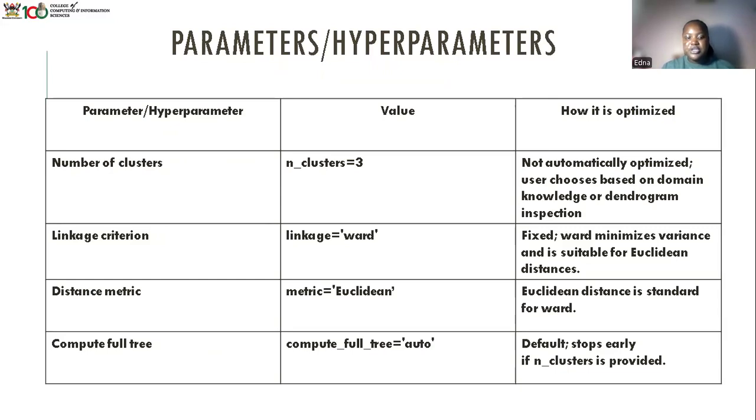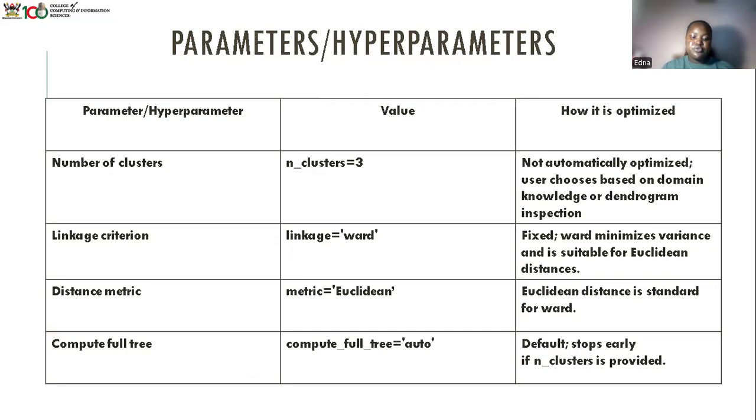Our linkage criterion is Ward because it is the right choice for Euclidean distance, as it minimizes the within cluster variance at each merge, producing the most compact and well-separated tiers. For the distance metric parameter, we are going to look at Euclidean because it is what is required by the Ward linkage to be able to be computed.